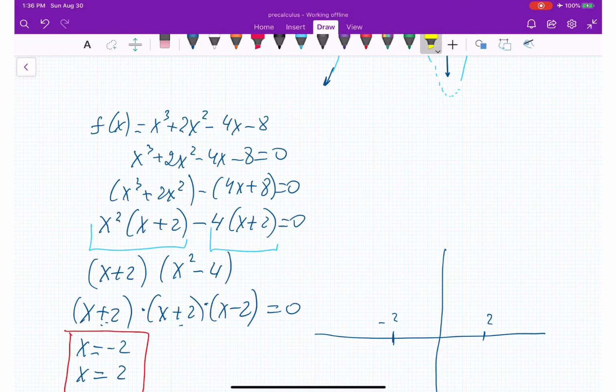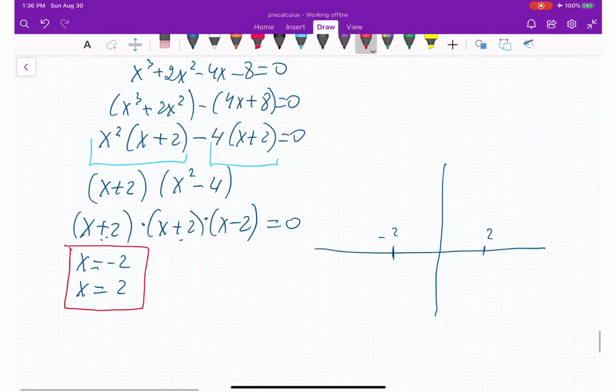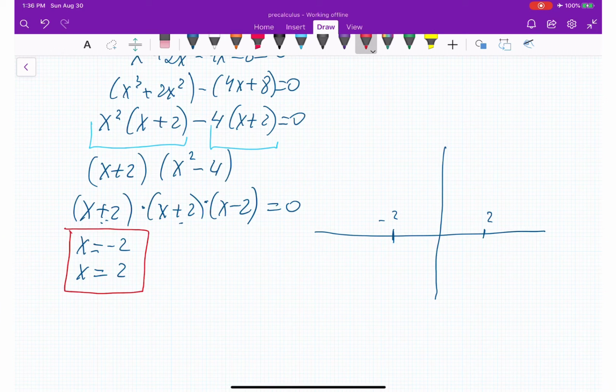We have 3, it is odd, which is gonna be one end falling, one end rising. And because we have here 1, it's positive. So we're gonna have left is falling, right is rising.